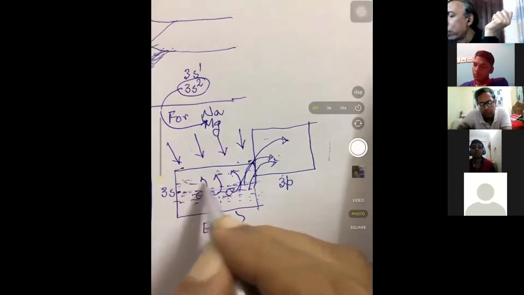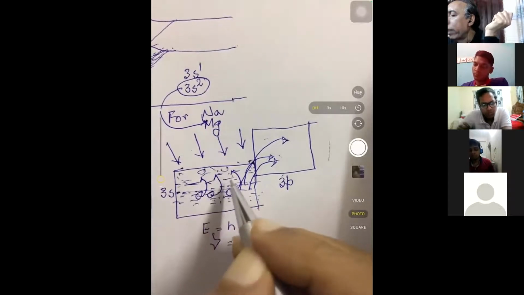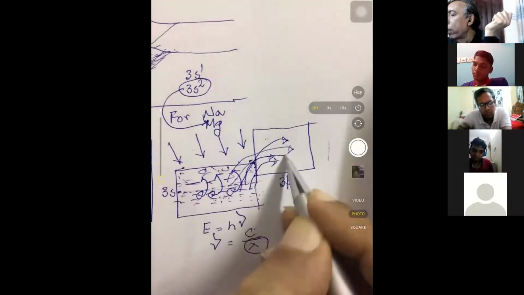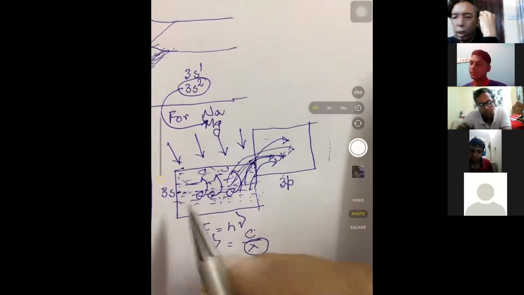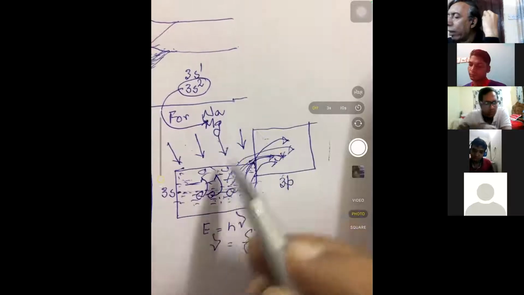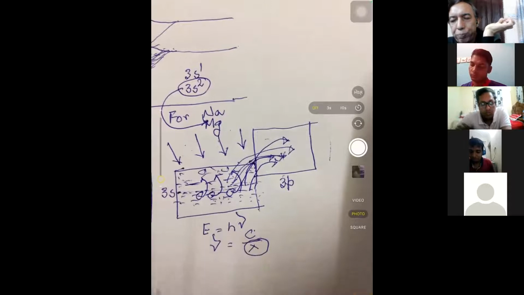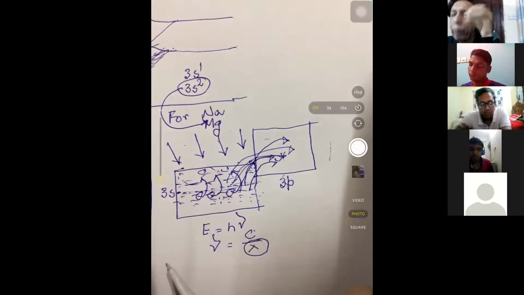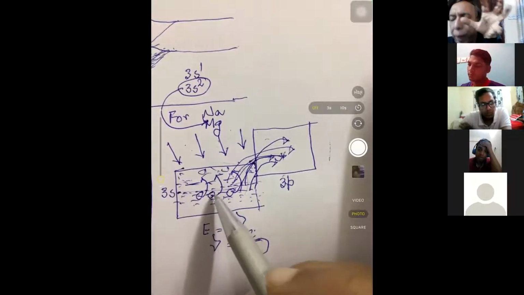If there is magnesium, fully filled with electrons, then the electrons will go from here to here easily with a small amount of energy. Then the whole of the energy of light will be absorbed by the electrons of sodium, magnesium or any metal.